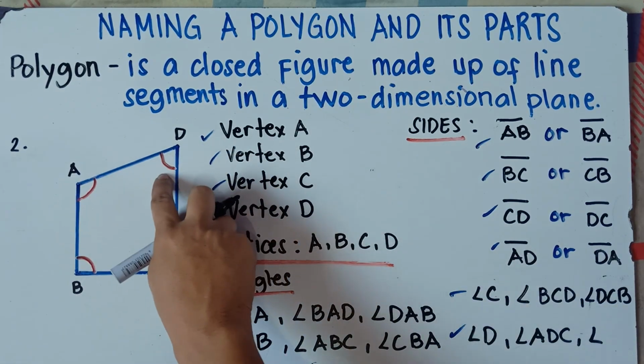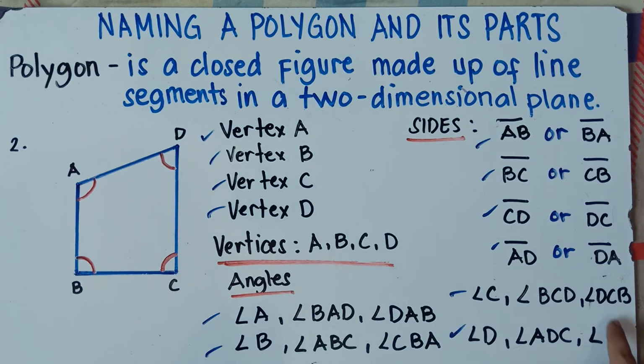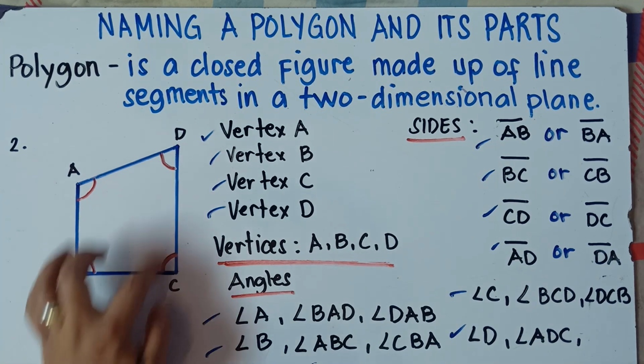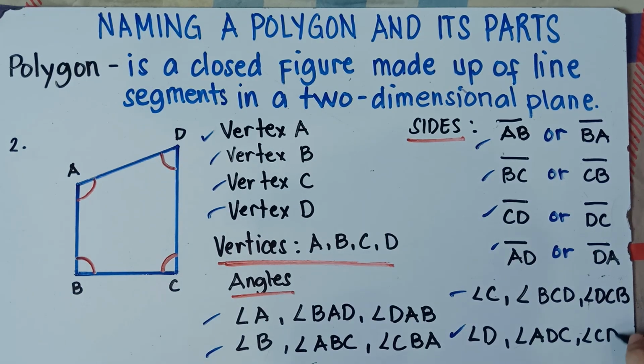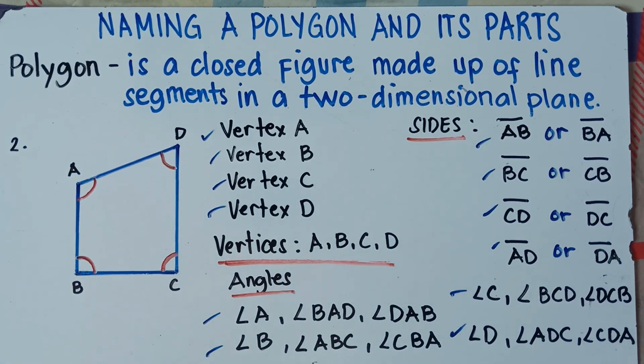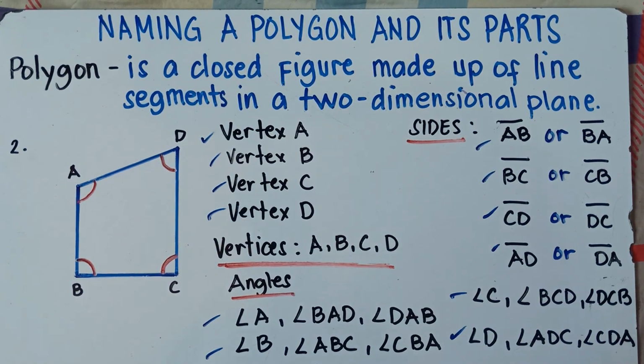Once again, make sure that D is the center part of these vertices. Alright, so all set, class, for the vertices, the sides, and the angles.